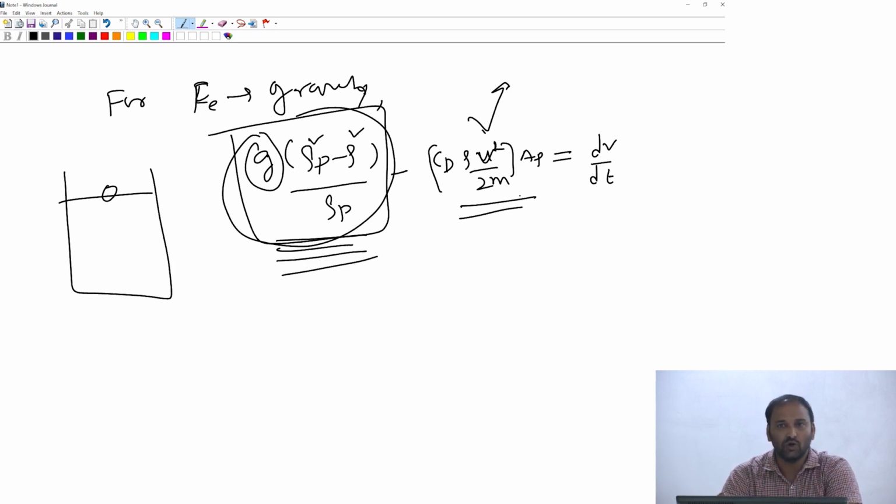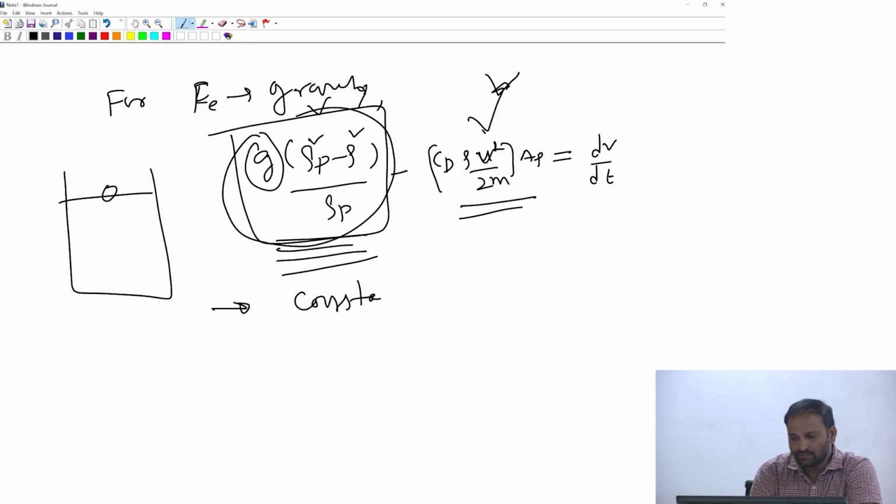However, this cannot increase forever. At some point, this term would be equivalent to this term. Under these conditions, the particle is said to start moving in a fluid with a constant velocity.